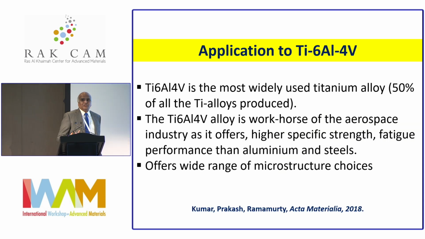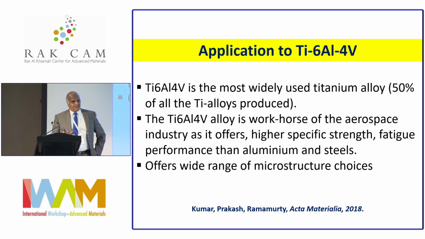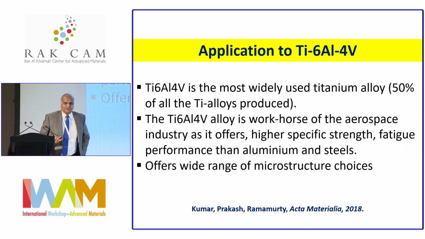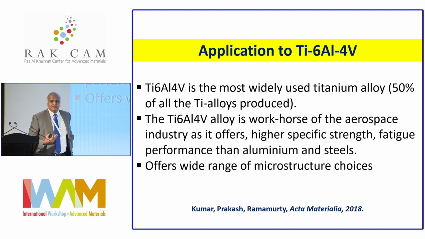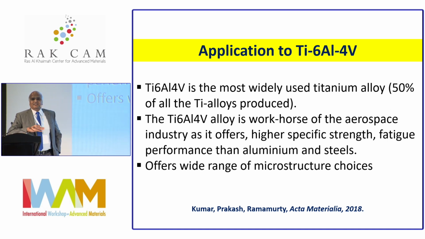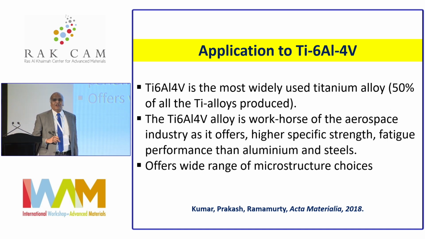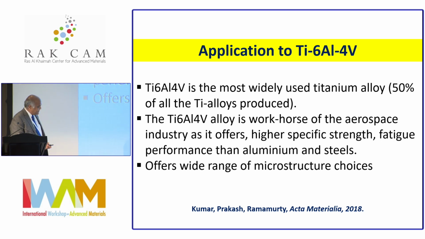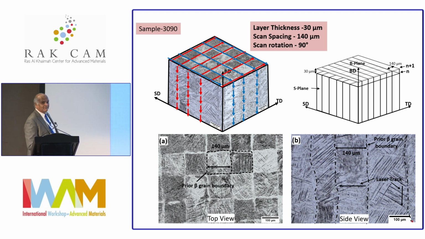Now, we switch over to another important aerospace alloy, Ti-6-4, titanium 6 aluminum 4 vanadium. If you look at the big engines, the front blades are all made of Ti-6-4, okay? And how we manipulate these mesostructures is what I will illustrate here.